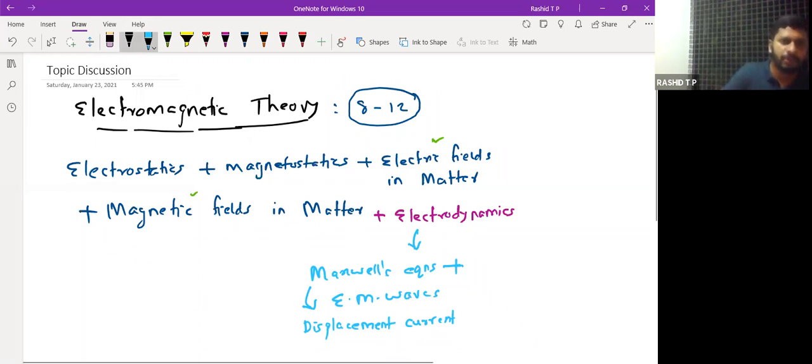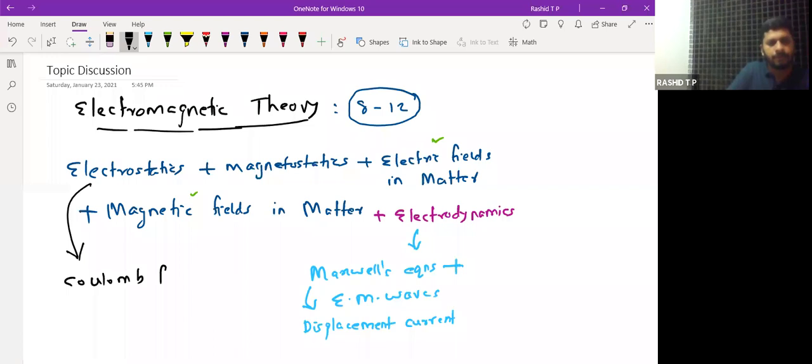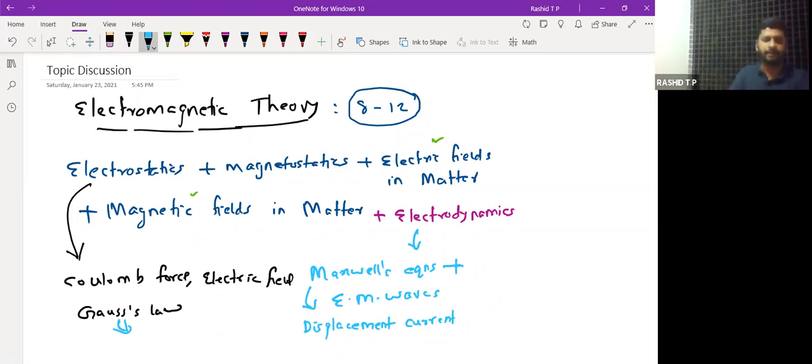If you go deeper inside, you will see some subtopics in electrostatics. Today we start with Coulomb force, electric field, Gauss's law. In 2015, they asked one question from Gauss's law: to find the electric field due to a hemisphere.